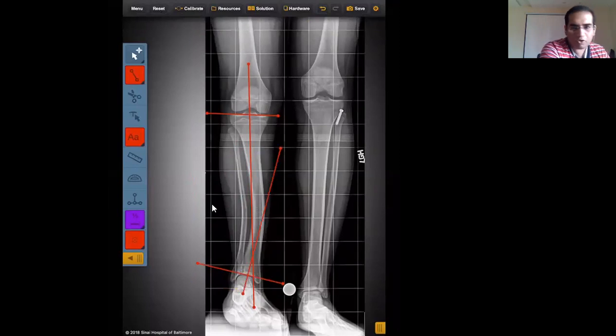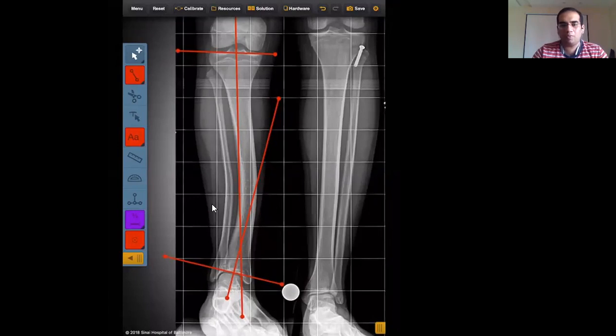Now as you can see, the Cora that we have gotten is not coinciding with the obvious deformity. On your first look, you will know that.